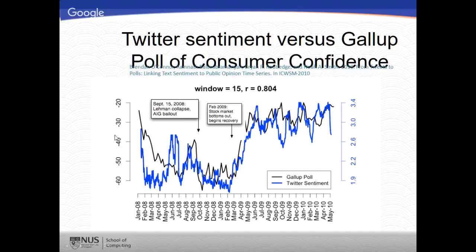You can see there is a sharp increase in Twitter sentiments, and there is an increase in the Gallup Poll. So you can see Twitter sentiment can somehow predict consumer confidence.